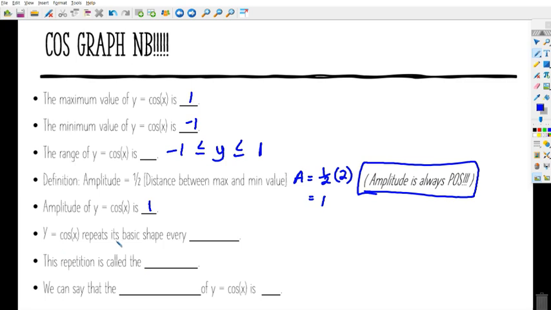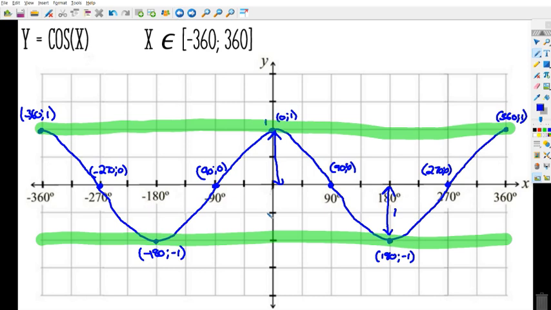Now cos of x repeats itself. It repeats its basic shape every... Let's go check. I started at 0 and 1, and I come down and go to 180, come all the way down, and I come all the way up to 360. What do you think is going to happen after this 360? Is it going to repeat itself? Yes, it's going to come back down. It's going to start over again, and it's going to repeat forever and ever.